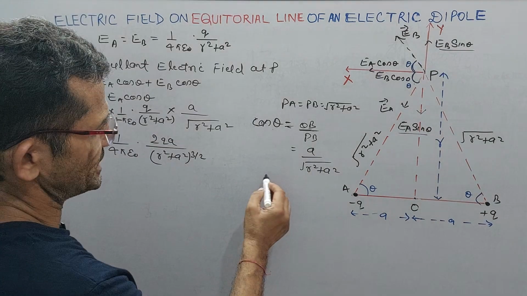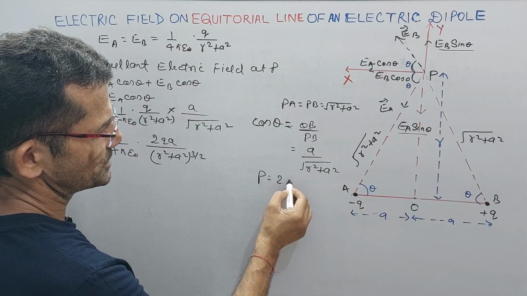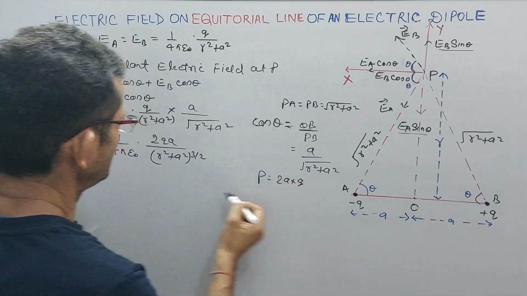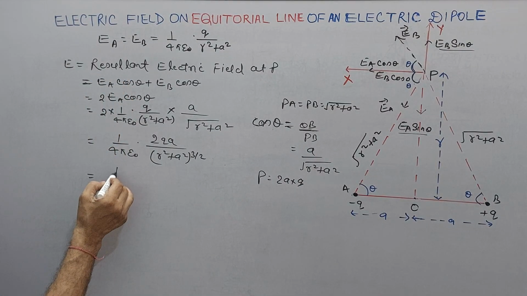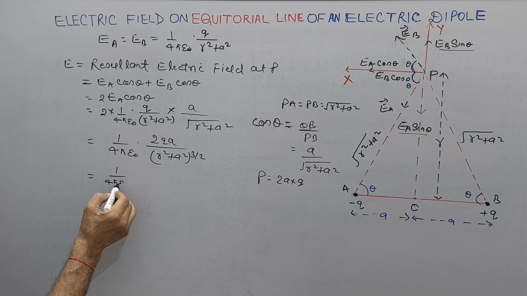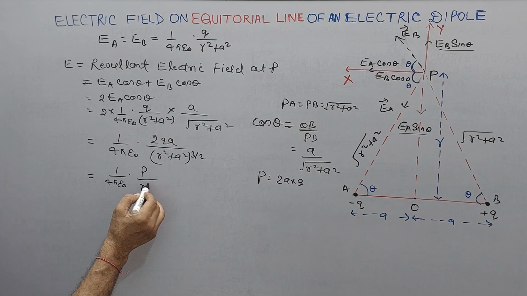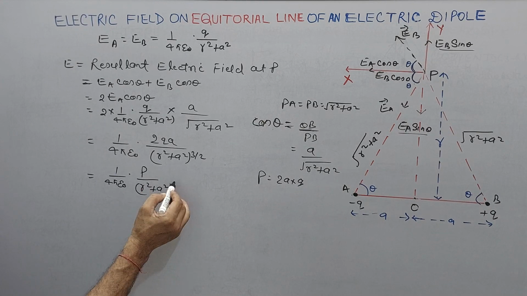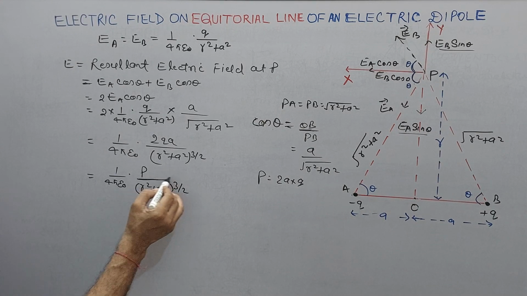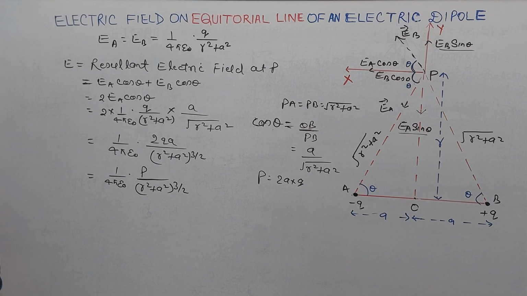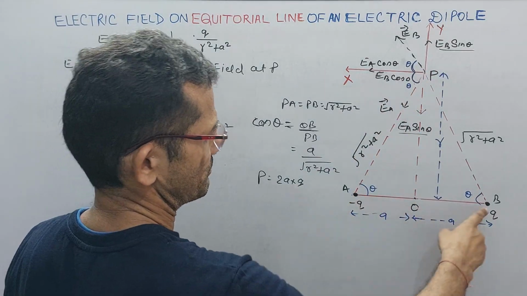Also we know the dipole moment p is twice a into q. Now replacing this, 1 upon 4 pi epsilon naught, the charge term 2qa will be p, divided by r square plus a square raised to the power 3/2. This is our value of the magnitude of the electric field at the point P due to minus q and plus q.